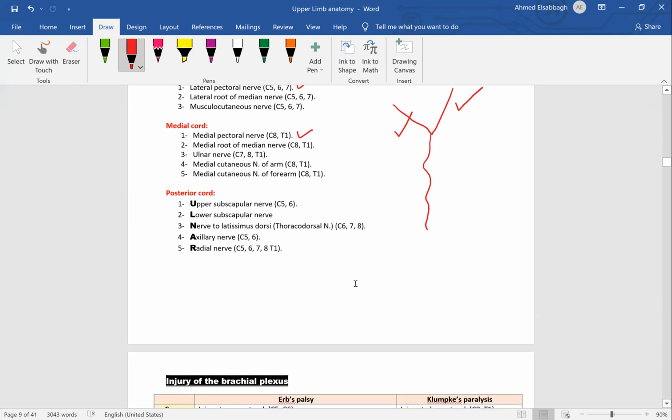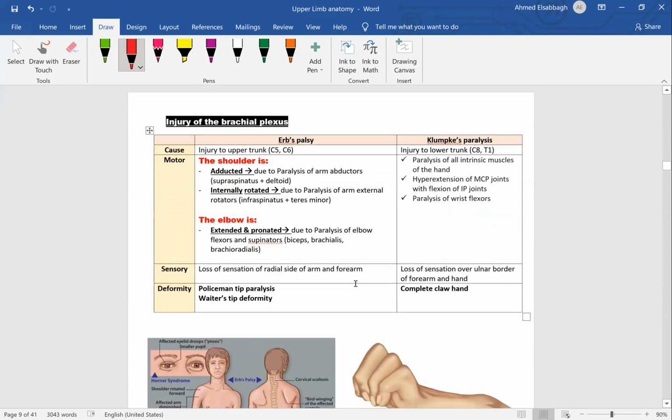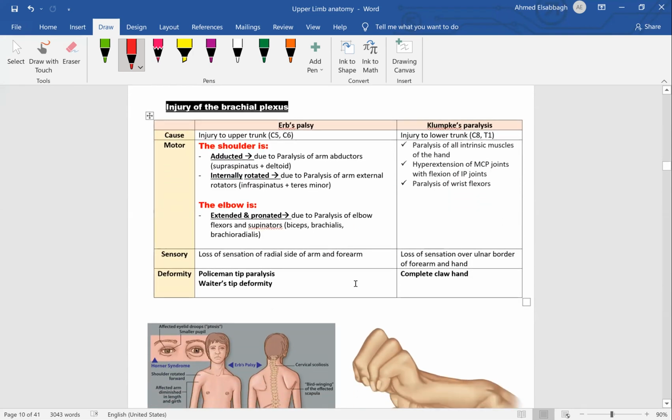Okay? Now with the injury of the brachial plexus, we have two common sites of injury.